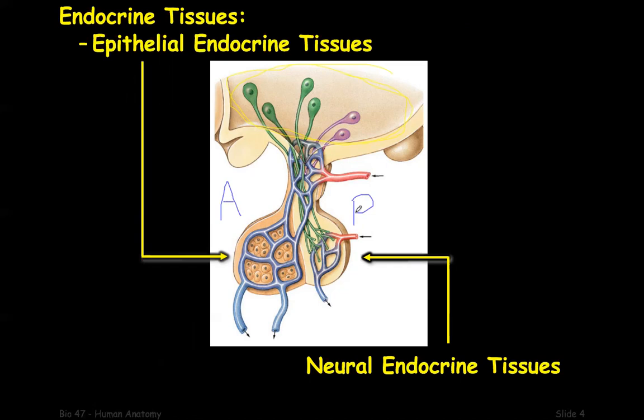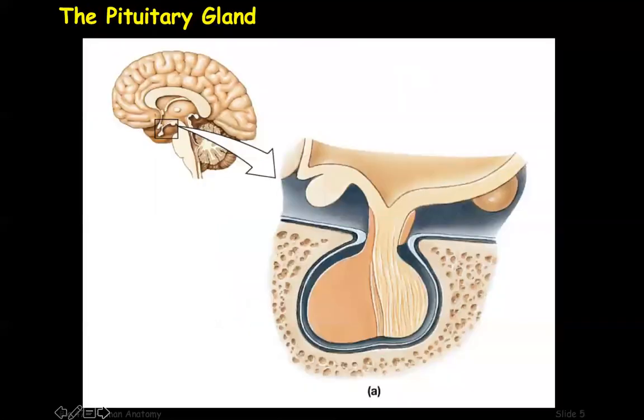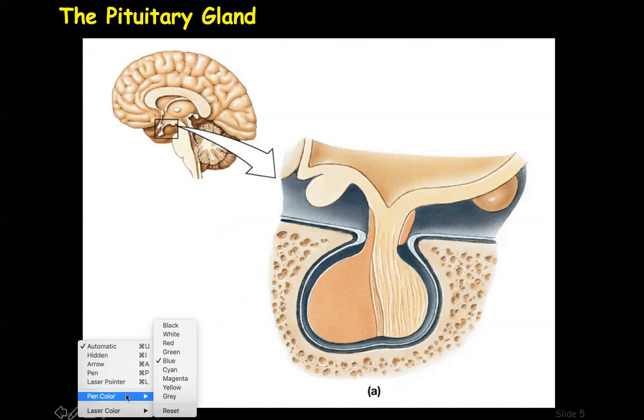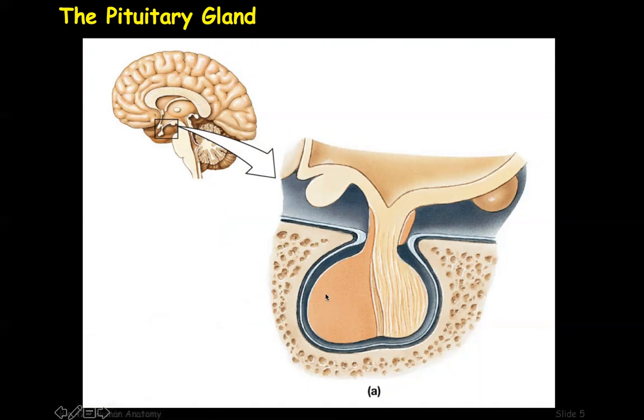So the anterior pituitary is of epithelial origin, and then the posterior pituitary is derived from neural tissues. So they actually have different derivations across development.